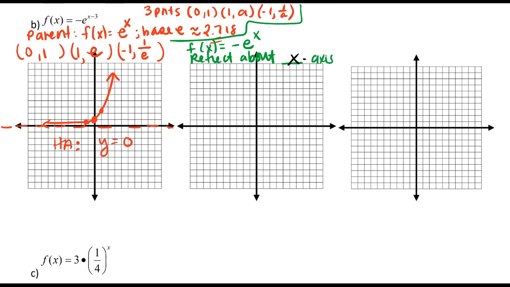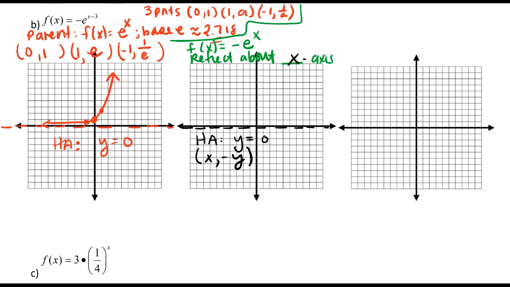So now that I have those, I'm going to start with my HA. I don't have to change my HA because if I'm reflecting over the x-axis, my HA should be the same. If I'm reflecting over the x-axis, your y value should be opposite.